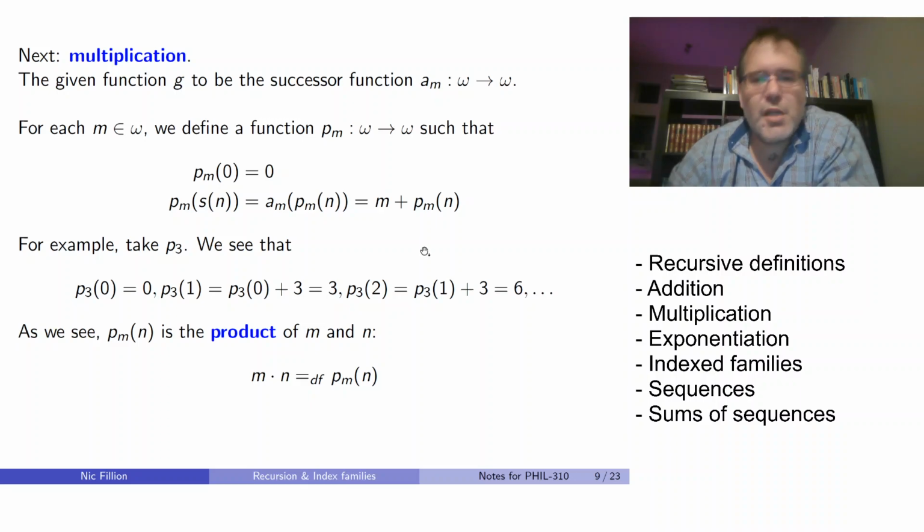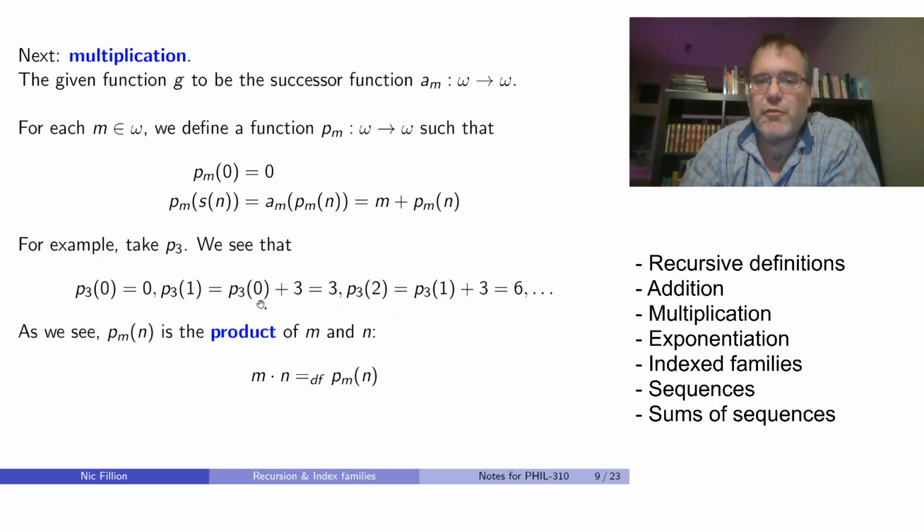Okay? So if we use 3 again, we find that the product of 3 and 0 is 0. So the product of 3 and 1 is, oh, I should have written it the other way around. It's 3 plus the product of 3 applied to 0. Why? Because 1 is the successor of 0.